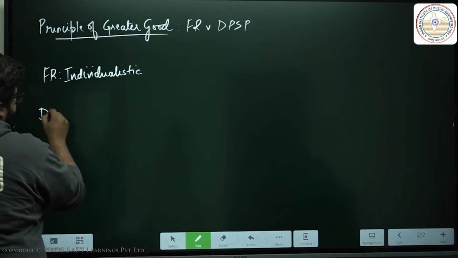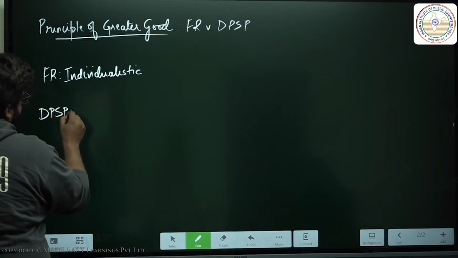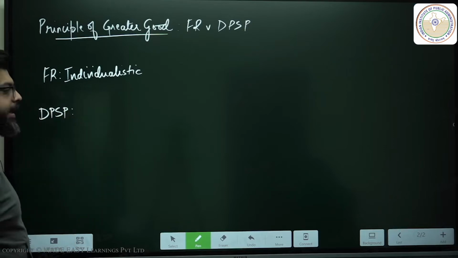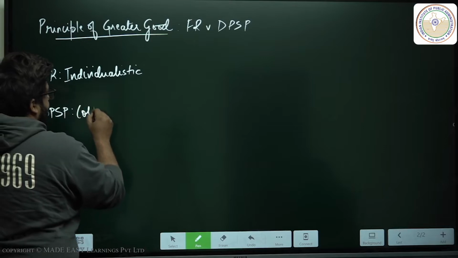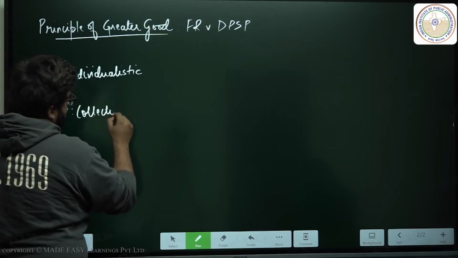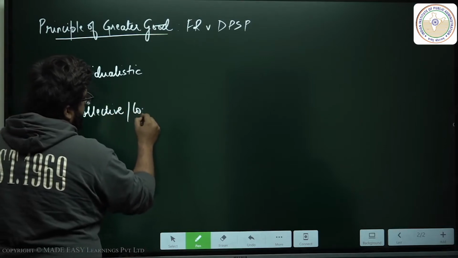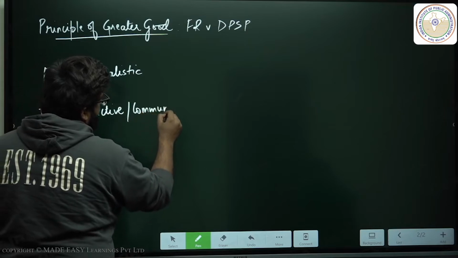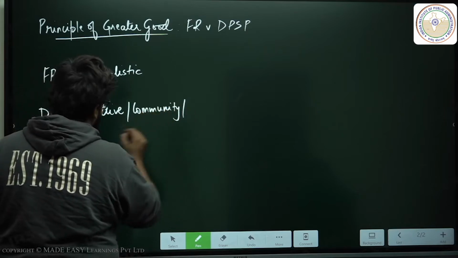Whereas directive principles of state policy are collective in nature. They are more community driven. They are more society driven.